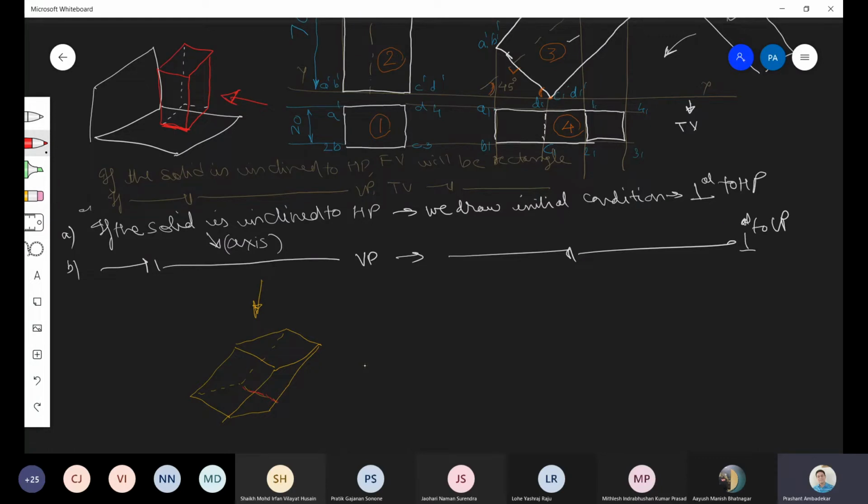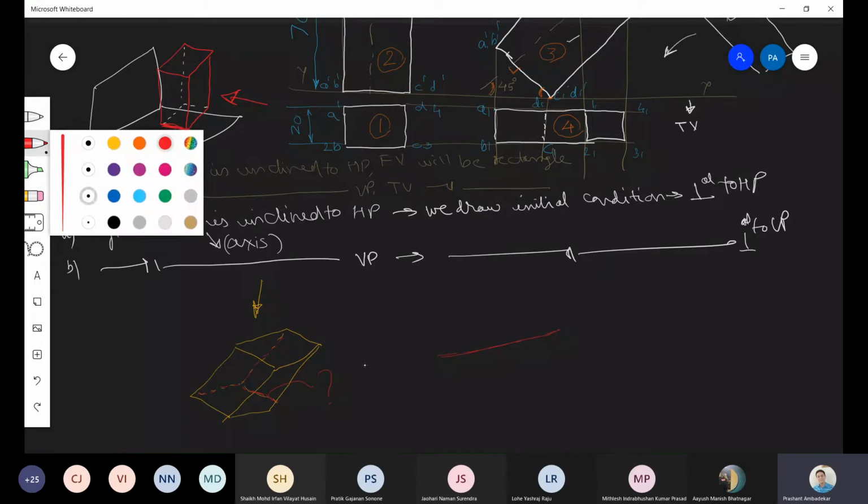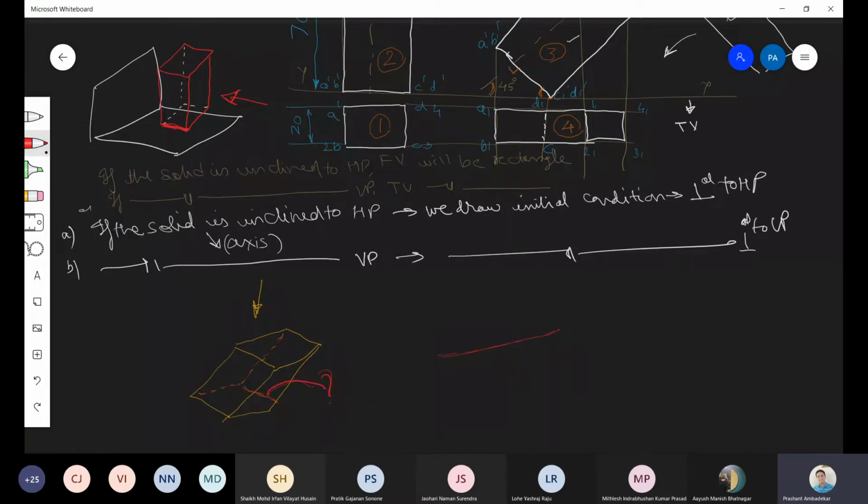Also note that this line and this line will not be seen. But on these lines we are drawing the continuous line. So if there is a dotted line somewhere, and you are drawing a continuous line on the dotted line, you will see only the continuous line. So everywhere except this, all other lines will be seen.